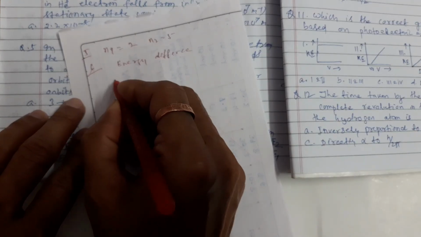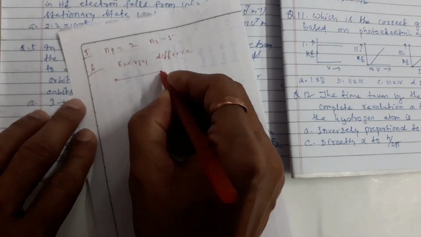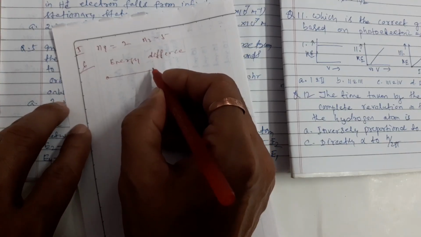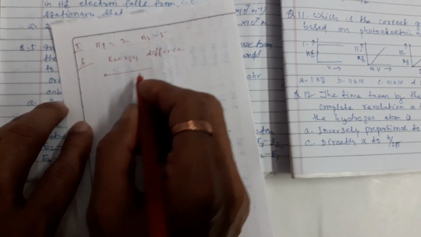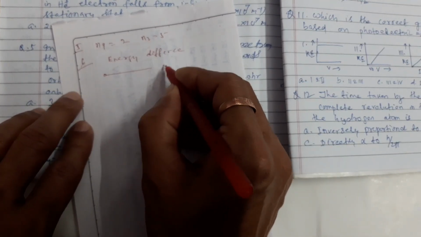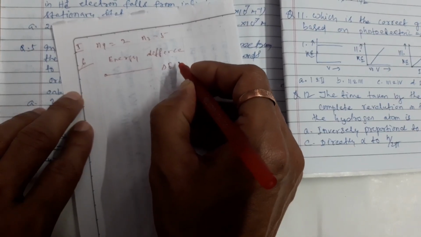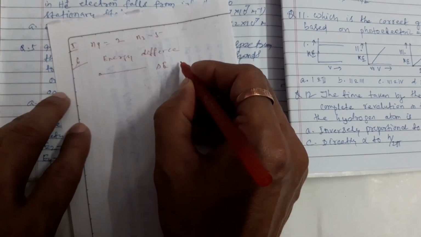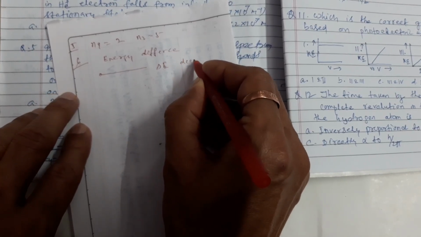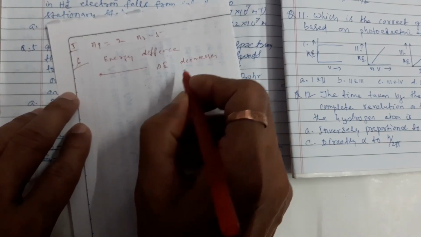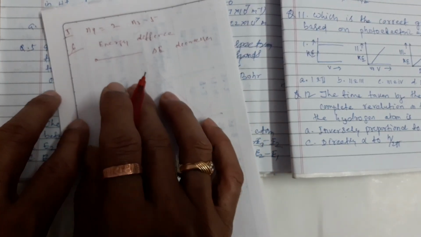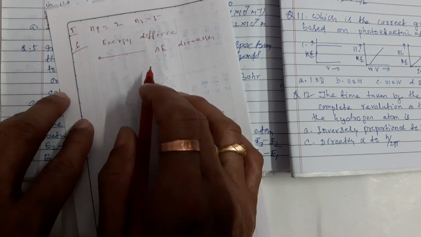As the distance from the nucleus increases, the value of delta E, the energy difference, also decreases. Why?